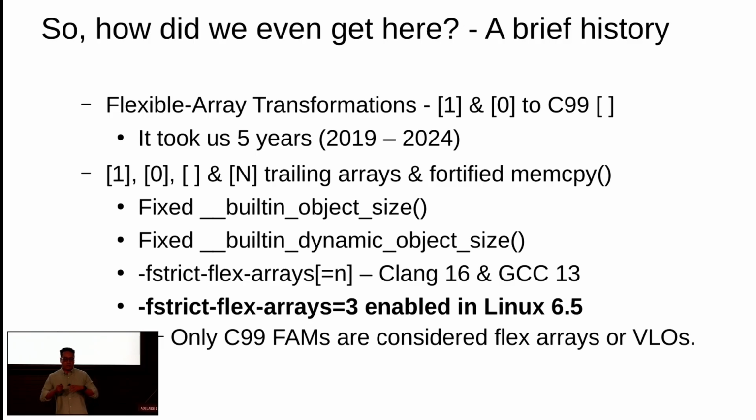Now if you want to implement a flexible structure and you are used to using one-element arrays or zero-length arrays, the compilers are going to assume that is not a flexible array member. So the size of that array is either the size of that one element or size 0 in the case of zero-length arrays. You are not going to be able to use one-element arrays or zero-length arrays as flexible array members, as it used to be.